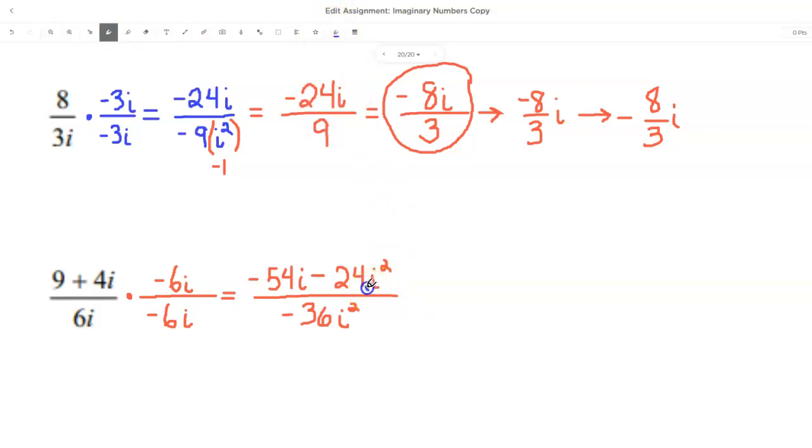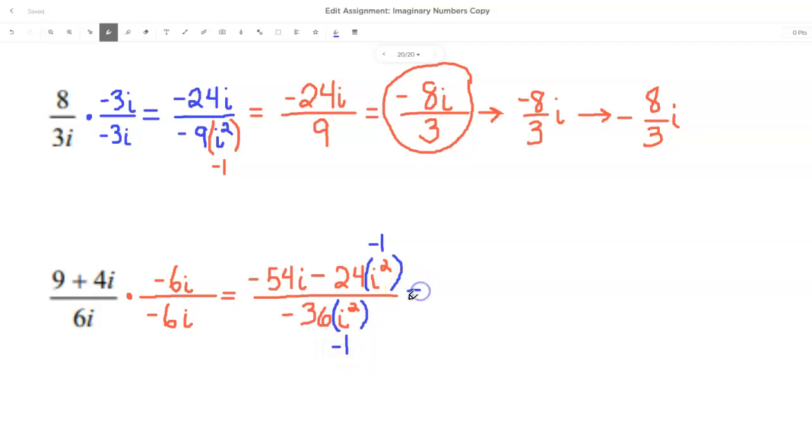I'm going to deal with my i squareds next. I have an i squared here and an i squared here. If you have any power of i besides 1, you need to deal with that before you can move on. i squared is negative 1. i squared is negative 1.